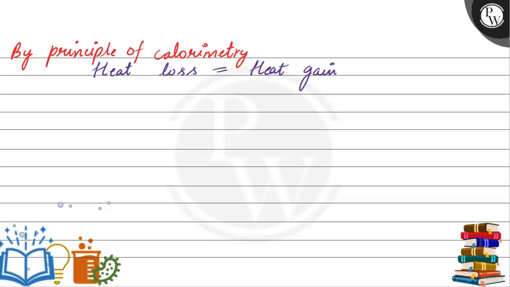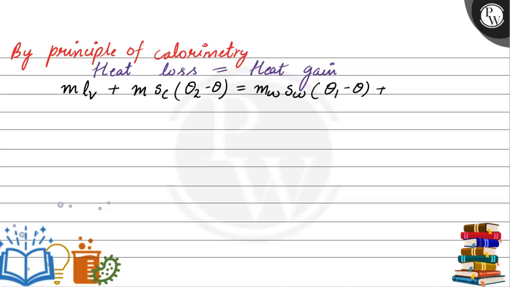Here the heat loss will be M times LV plus M times SW times theta 2 minus theta, which is equal to MW times SW times theta 1 minus theta plus M1 times SC times theta 1 minus theta.